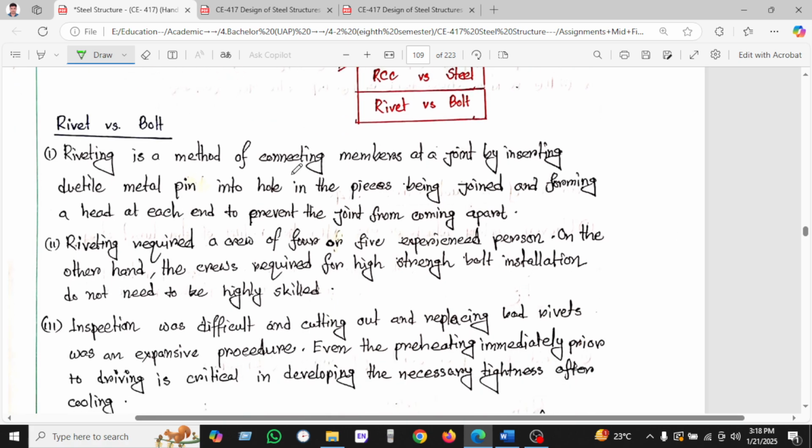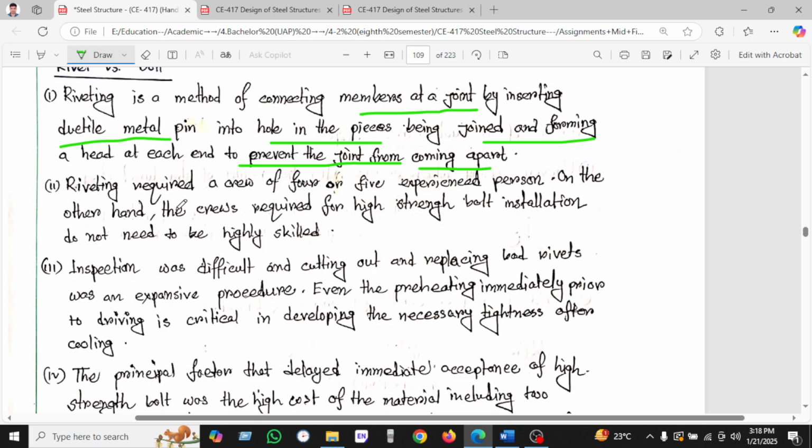A rivet is a metal connection of the members of a joint by inserting a ductile metal pin into the holes of the pieces being joined and forming a head at each end to prevent the joint from coming apart. Second, a rivet requires a crew of four or five experienced persons.